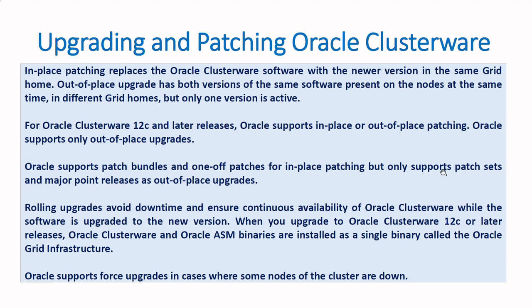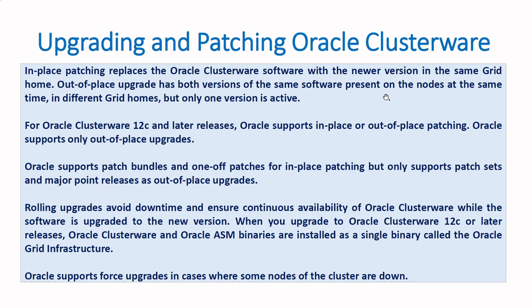Now, the upgrading and patching of Oracle clusterware. Oracle clusterware supports in-place patching, and it supports out-of-place upgrades. In place means you are upgrading the same software in the same location.